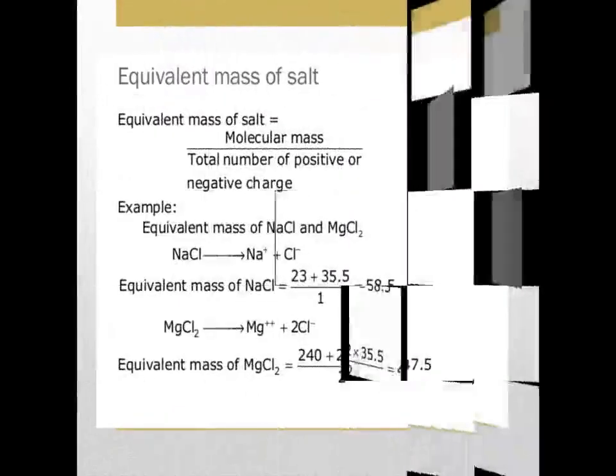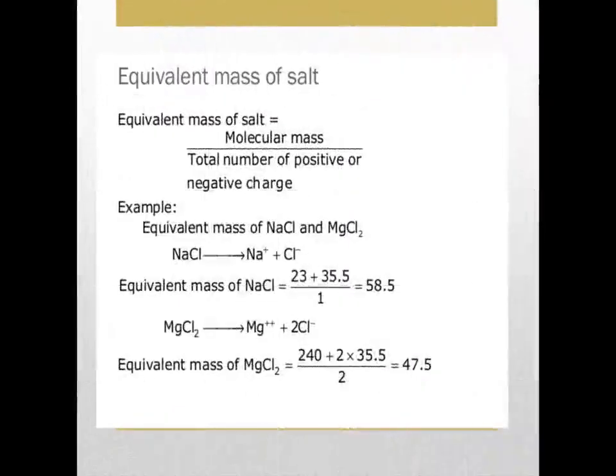See here, equivalent mass of salt. The salt is NaCl, MgCl2, sodium chloride, magnesium chloride. The formula: equivalent mass of salt equals molecular mass by total number of positive or negative charge. See here, NaCl is classified as Na plus Cl minus.